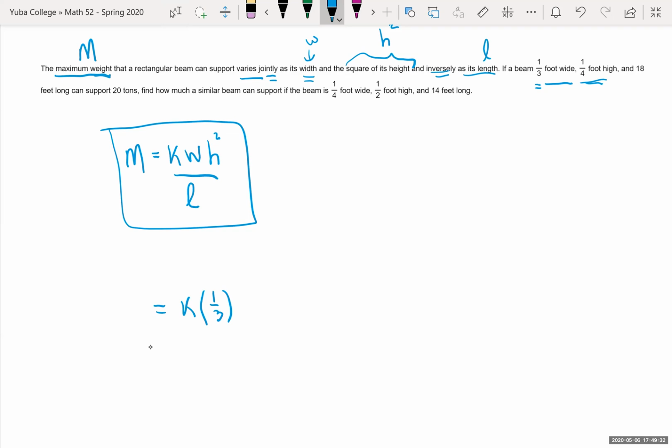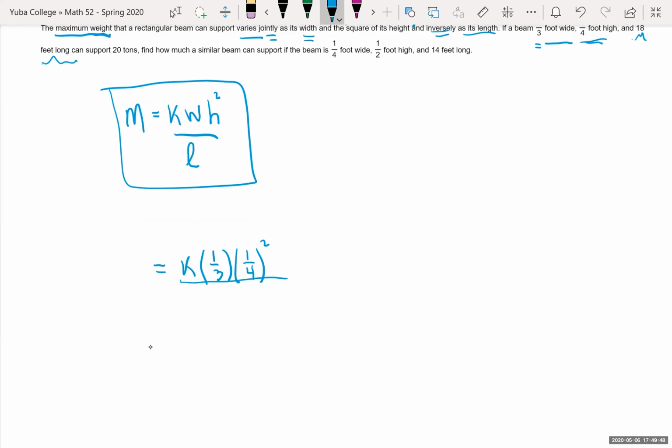Height goes in the numerator and it's squared, so 1/4 quantity squared. And 18 long, so the length is 18 feet, so that goes in our denominator. And it can support, we have our M value, 20 tons.